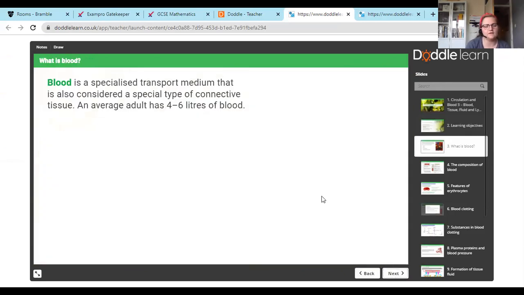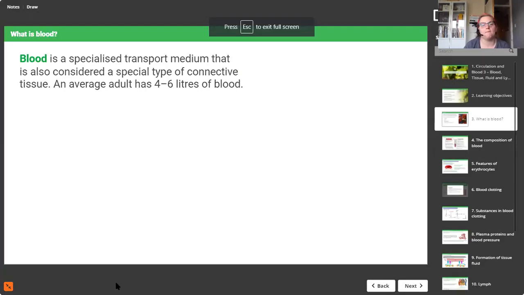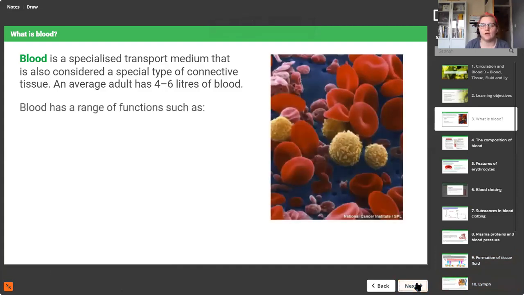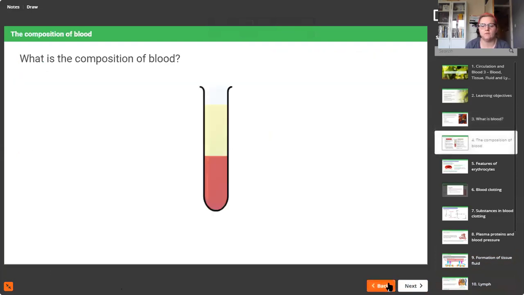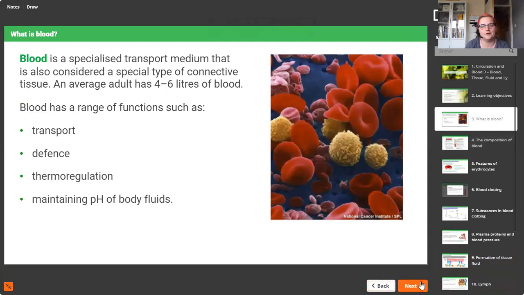Blood is a specialized transport medium that is also considered a special type of connective tissue. Most adults have between 4 to 6 litres of blood in their body. Blood has a huge range of functions. It can be used for transport, defense, thermoregulation, and maintaining pH of body fluids.